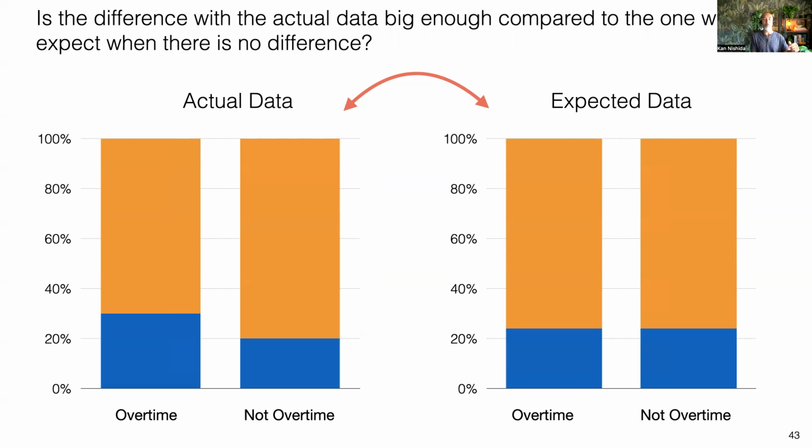The percentage of people who left with overtime is bigger than the percentage of people who left without overtime. But we want to know how far the difference we see diverges from the right-hand side. Can it be explained by just random variance, or is something significant, something unusual, happening compared to the right-hand side?